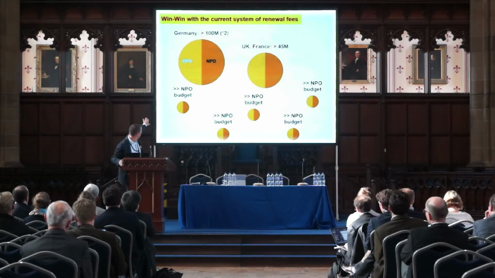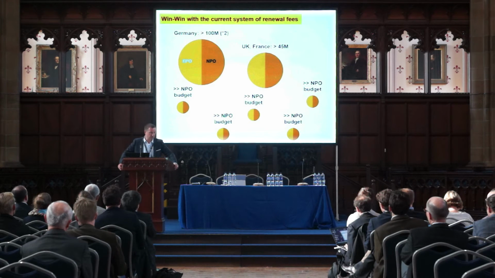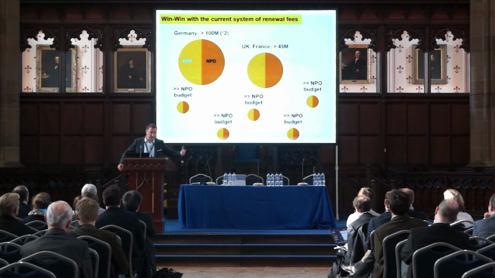So if you take the Deutsches Patentamt, half the renewal fees go to the EPO, and the DPA has at least 100 million euro per year for doing nothing, because they don't examine these patents. You take UK and France, it's at least 45 million euro, and the same amount for the EPO.